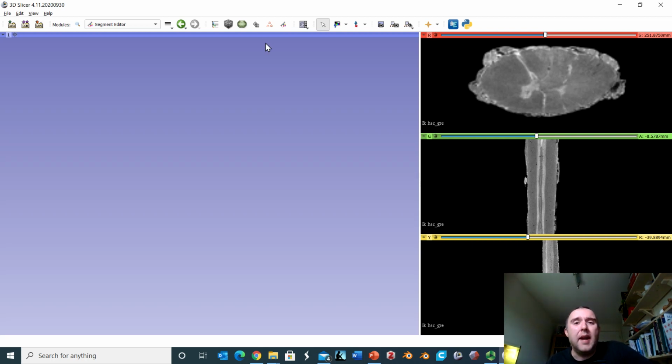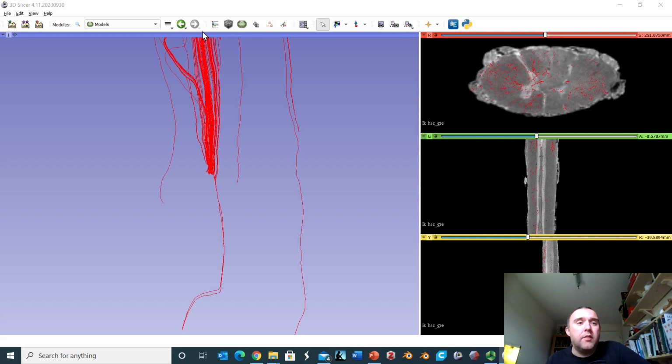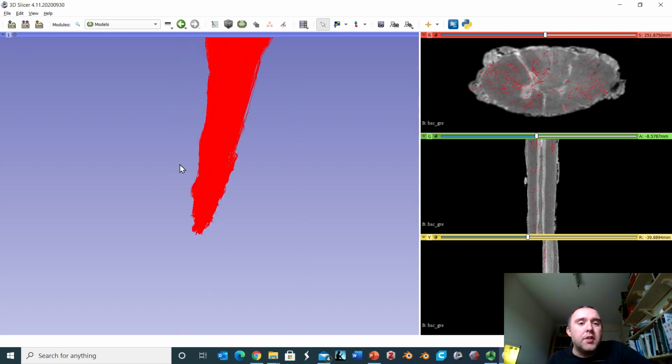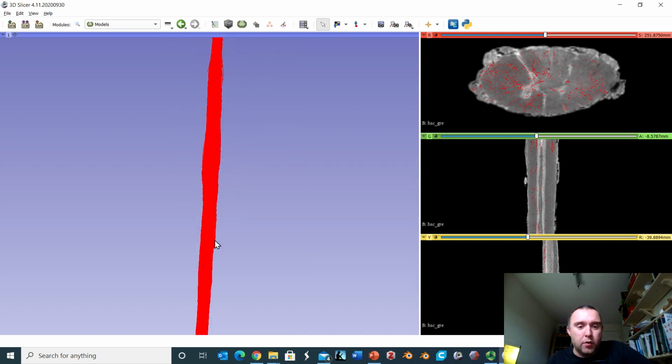So let's bring up now the axons demonstrated by using diffusion techniques. And essentially what this does is it looks at the diffusion of water, follows the diffusion of water within the spinal cord, and that of course should correlate with the trajectory of axons if water diffuses along axons by capillary action.